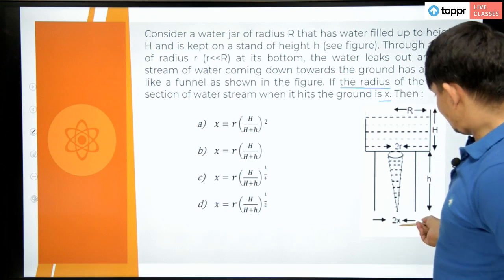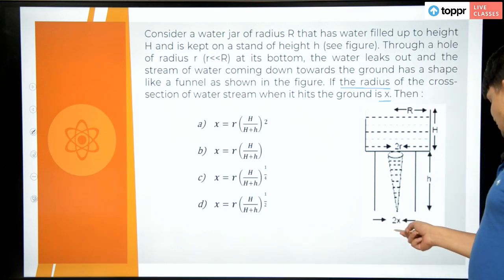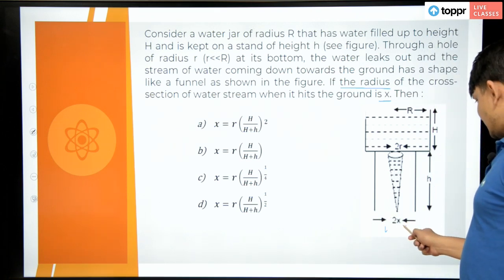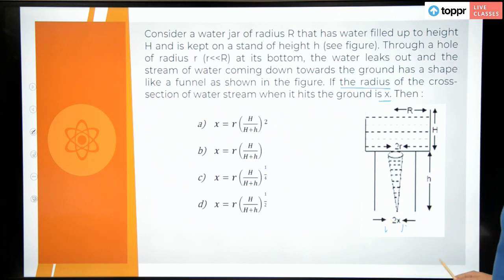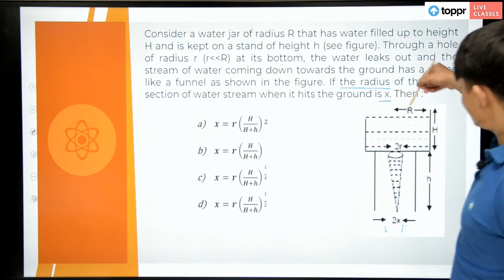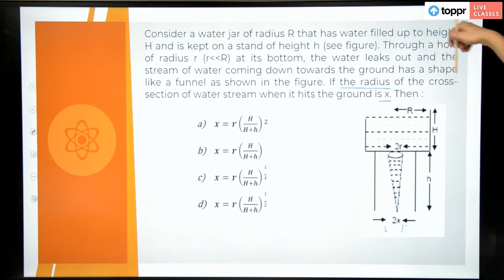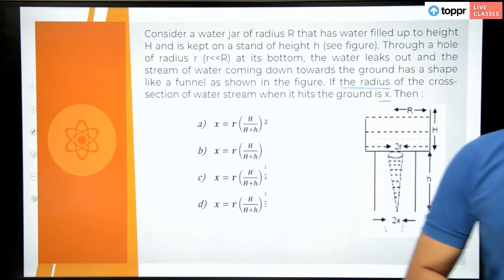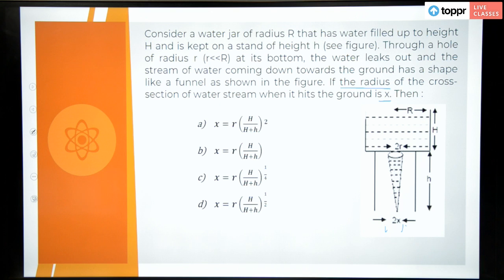That means you can see the diameter has been shown as 2x, so do not get confused. And the radius of this whole container is R. So, we have to find out the relation between x, r, H and small h.